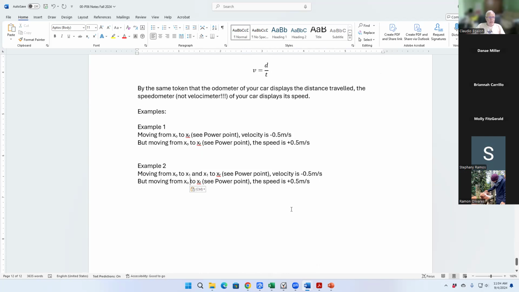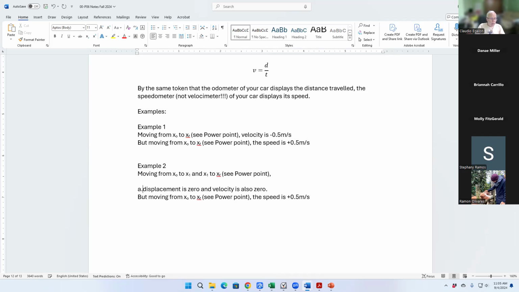Okay, moving from x0 to x1 and x1 to xf, you know, displacement is 0, and velocity is also 0.